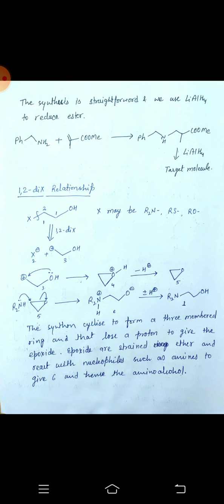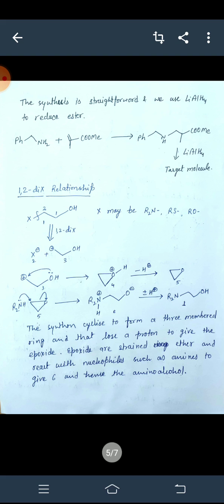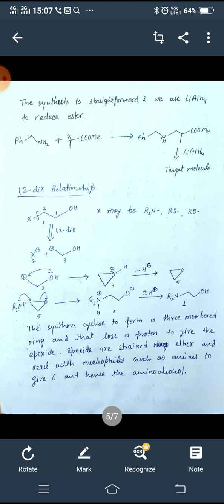See, this is a general example of the 1,2 disconnection. At position 1 there is an OH group and at position 2 there is X. X may be an R2N amino group, a thio group or an alkoxy group, and after the disconnection we'll get synthons like nucleophile X minus and electrophile number 3, and with this synthon there is a problem.